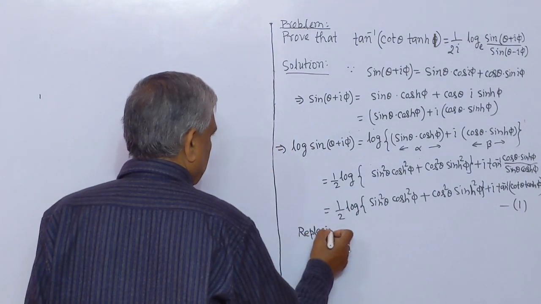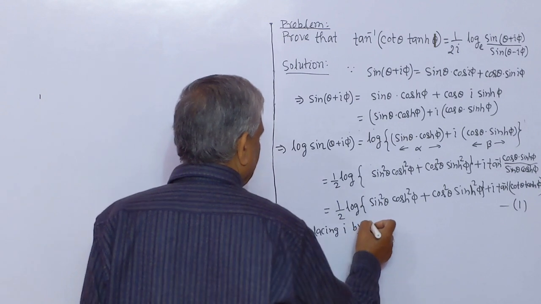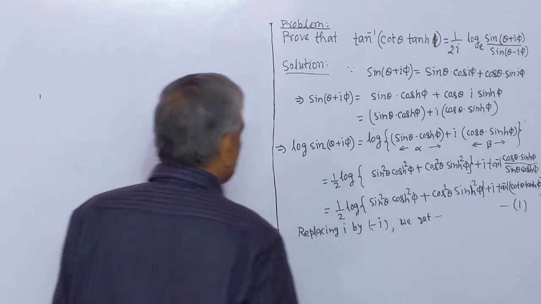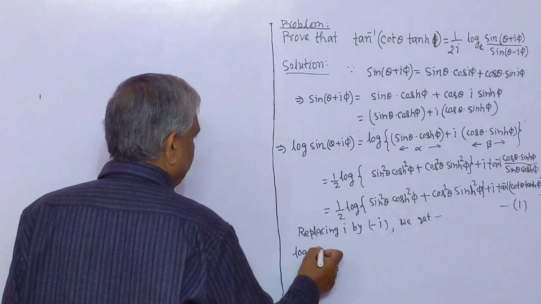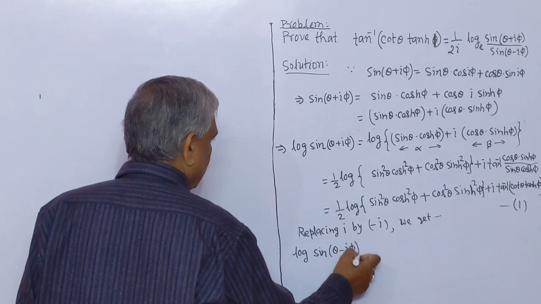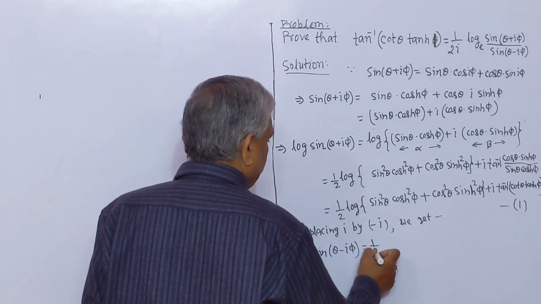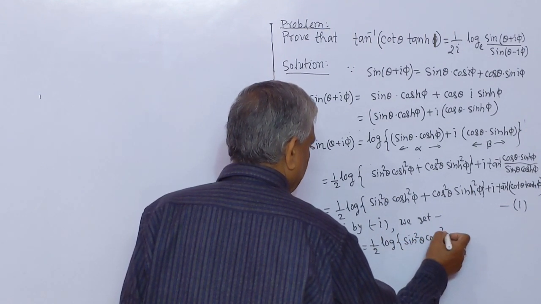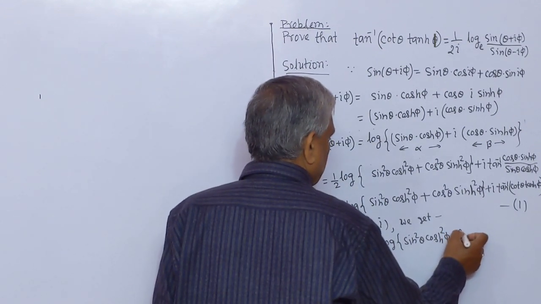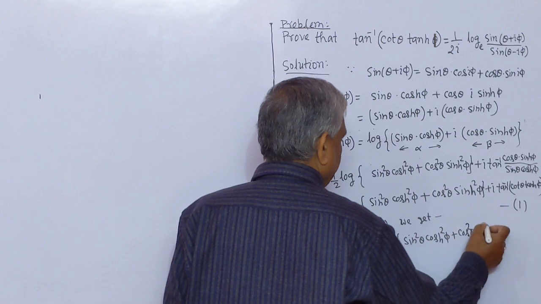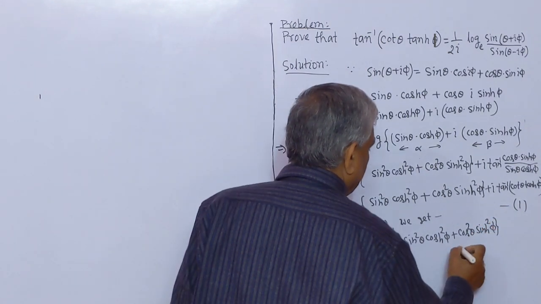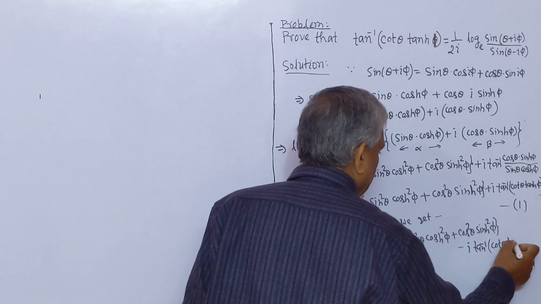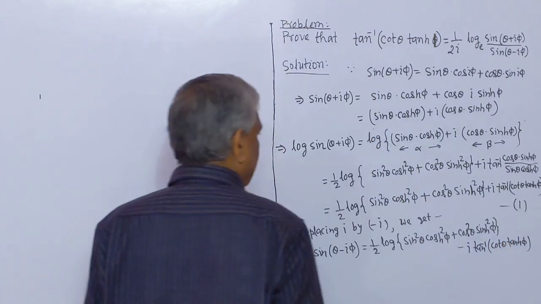Replacing i by −i, we get log sin(θ − iφ) equal to half log(sin²θ cosh²φ + cos²θ sinh²φ) minus i tan⁻¹(cot θ tanh φ). This is number 2.